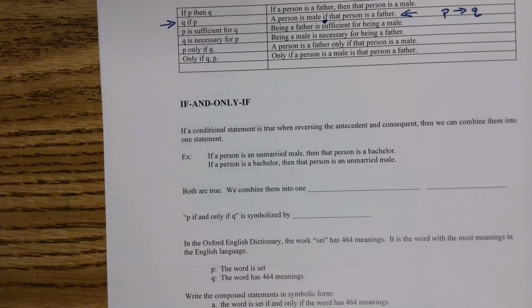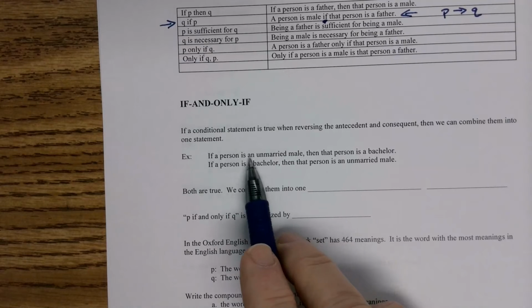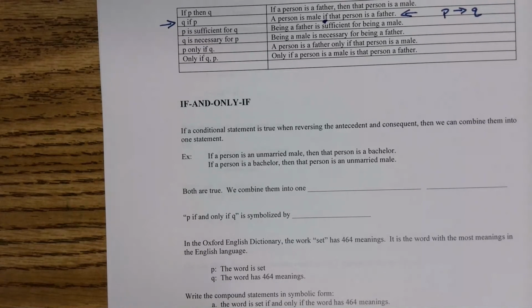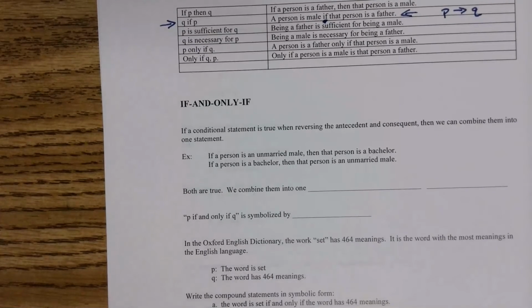So it's kind of weird. Okay? So if a person is an unmarried male, then that person is a bachelor. If a person is a bachelor, then that person is an unmarried male. Those are exactly the same sentence, right? They're just reversed, and they both are true. Correct? Okay.